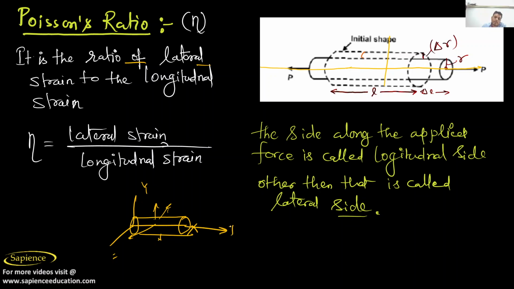If you apply a force in the x direction, the strain developed in the x direction is known as longitudinal strain, but the strain developed in the y or z direction is known as lateral strain. The ratio of lateral strain to longitudinal strain is called the Poisson ratio. The side along the applied force is called the longitudinal side, and the other sides are called lateral. I hope you have now understood the Poisson ratio.